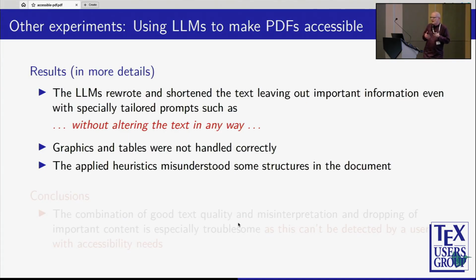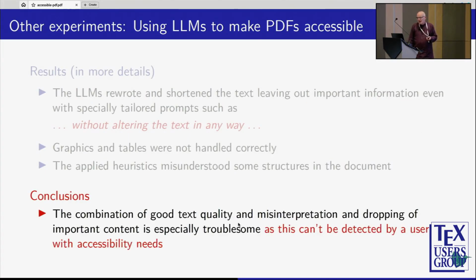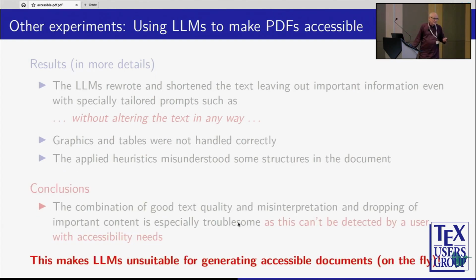So those kinds of things always stayed in. Yeah, as I said, it's not in any way good as a workflow for a user who has accessibility needs. It's okay possibly for somebody who wants to produce an accessible document and can compare the result before giving it to somebody else, but not the other way around.